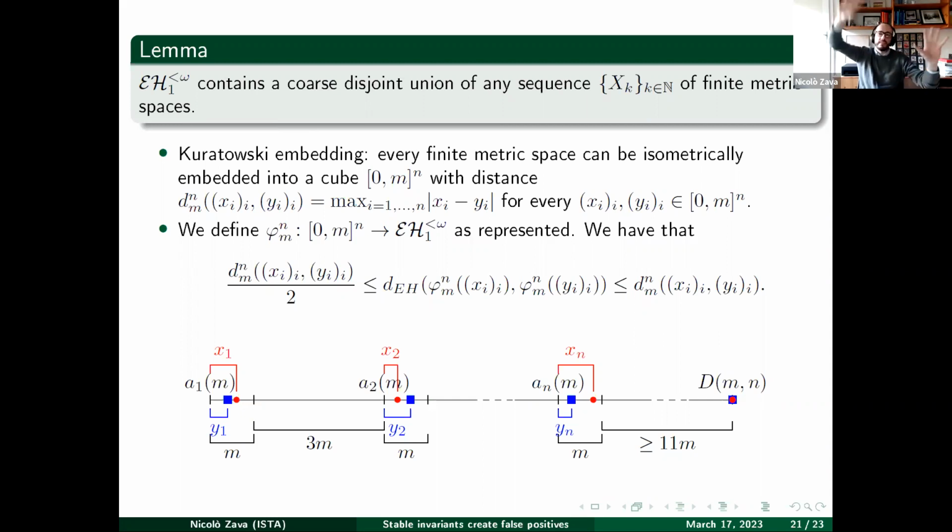So they are scattered around my space. I will not describe the entire construction. Let me just show you how to embed a single piece, a finite metric space, as a subset of the real line.